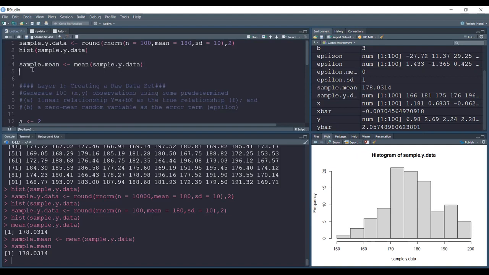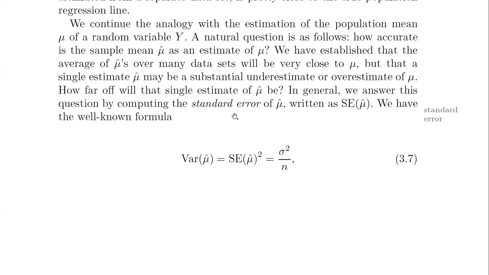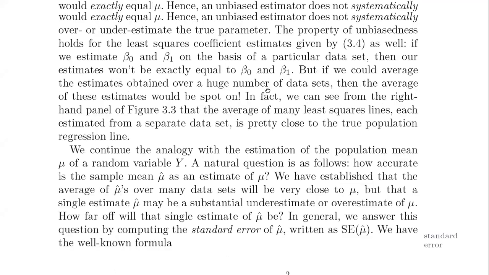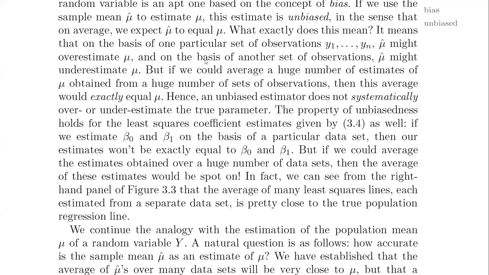Now, this is where the standard deviation comes into play. There is this formula, and we'll read it. Although before reading it, I think it's worth going over this paragraph over here.